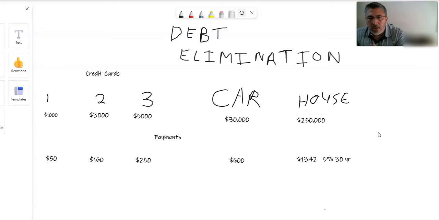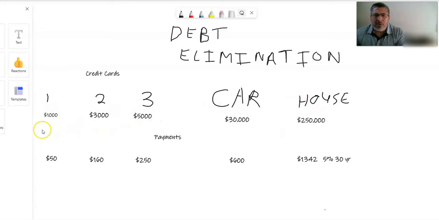In this case, you're looking at the debt, and you always want to start, just like any other debt elimination plan, with the debt snowball. You start down on the low one and work your way up to the larger ones.